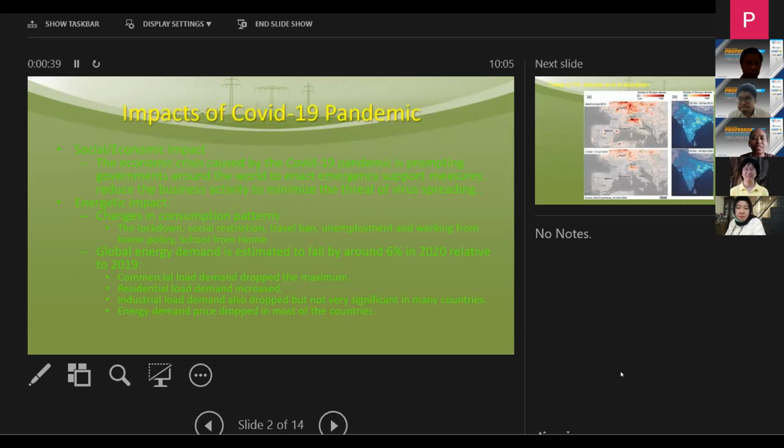So we all know that COVID-19 pandemics produced impacts in many sectors, including social, economic, and also energetic impact. I mean, from the point of view of energy. The economic crisis caused by the pandemic is forcing the government around the world to enact emergency support to reduce the business activity, to minimize the threat of virus spreading.